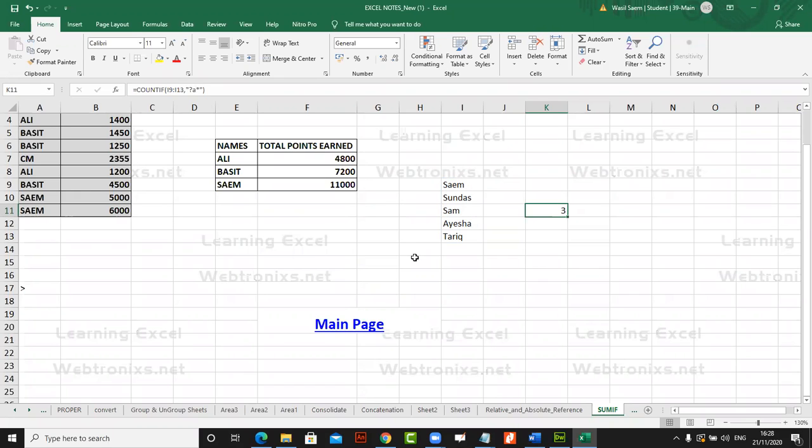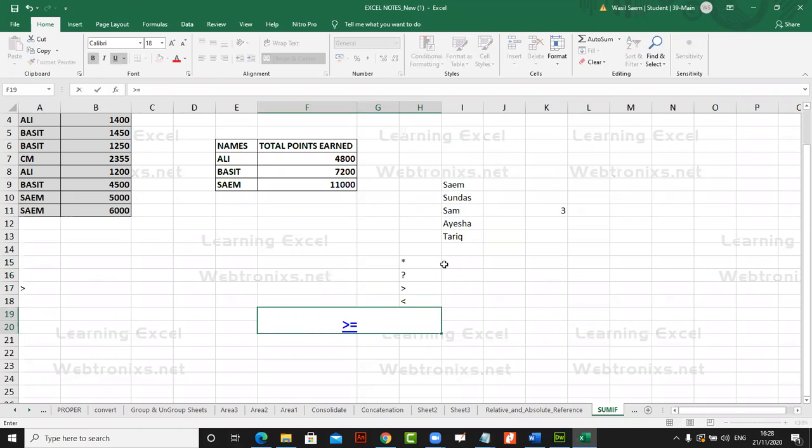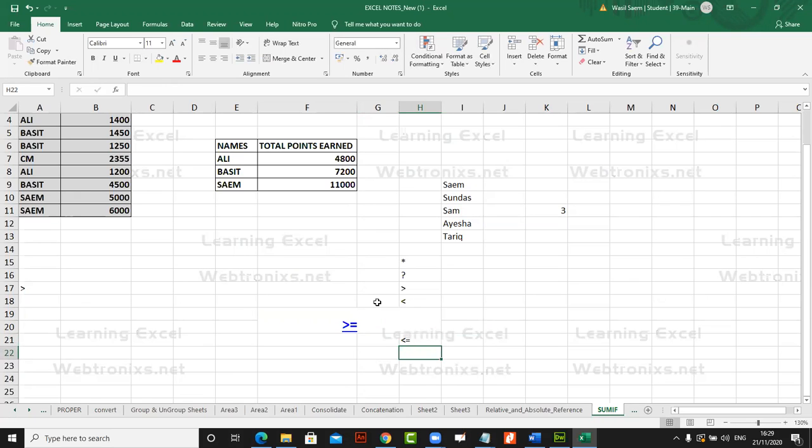In any function, if you're using wildcards or comparison operators in the criteria, wildcards, which are in our syllabus, this is a wildcard, this is a wildcard, this is a comparison operator, and so on. You get the point. Whenever you use these in a criteria in a function, they have to be in double quotes.